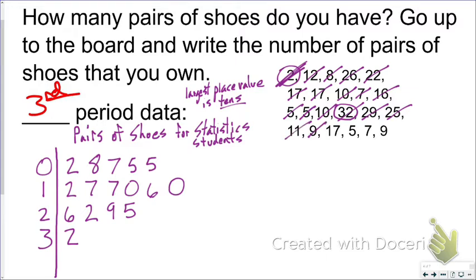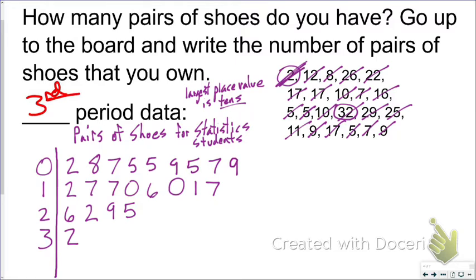A 1 and a 9. A 7 and a 5. And a 7 and a 9. All right, hopefully that was really easy. Just can't make that 9 look right. Let's try one more time. There we go. All right, so this is a traditional or typical stem plot.